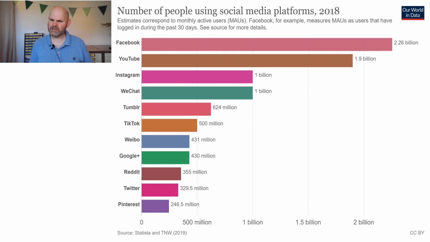You could also interpret it by working out that if you added up all of these users, it comes to about 9 billion, so more people than there are in the whole world. So from that we could interpret, we could understand that millions and millions and millions of people must use more than one form of social media.